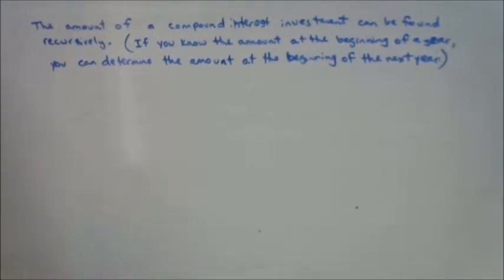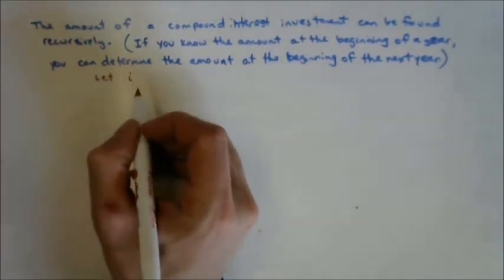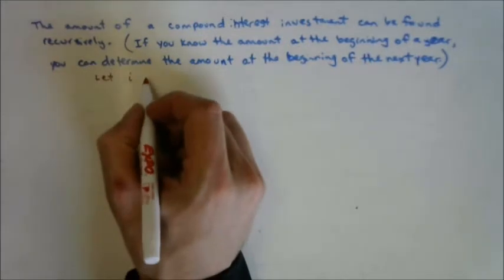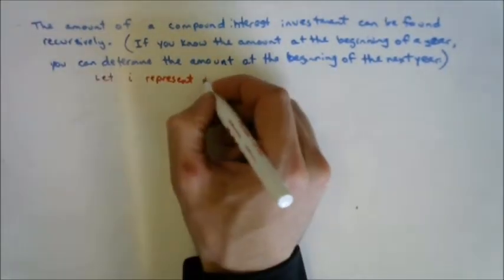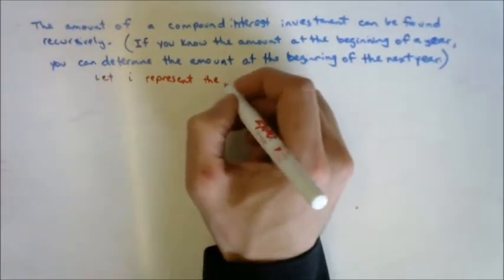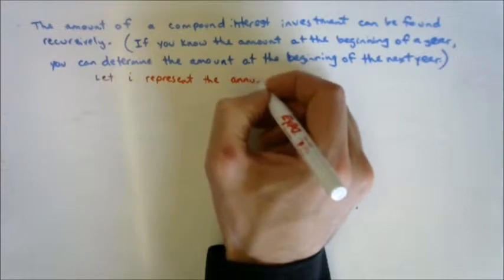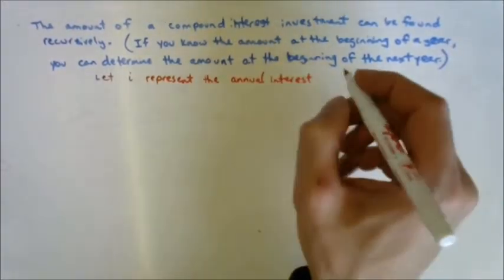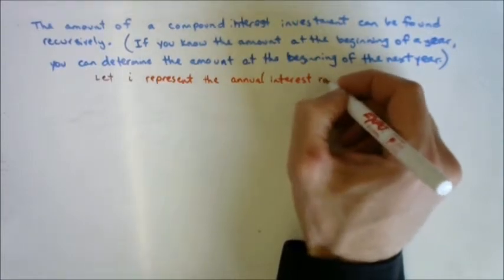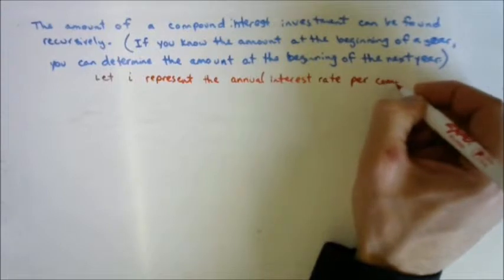So, in order to do that, we let lowercase i represent the annual interest rate per compounding period.